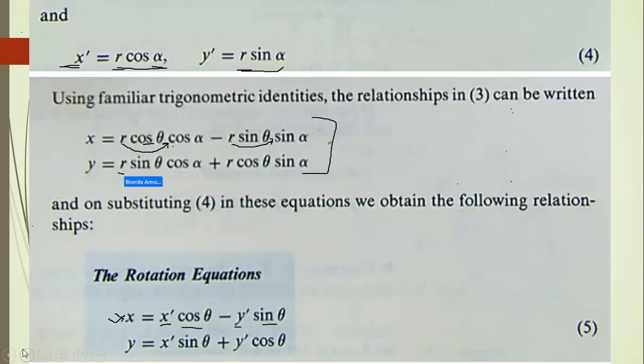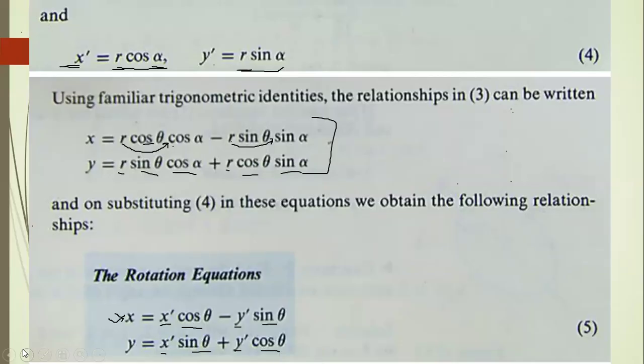Substituting the r cos alpha with x prime, we're going to have x prime here, and the sine theta comes back. The same thing with the latter part: the r sine theta is substituted with y prime, and we'll have y prime here, and the cos theta comes back.